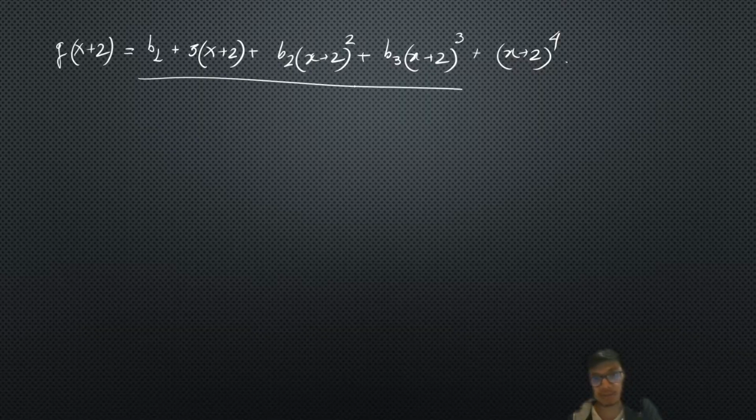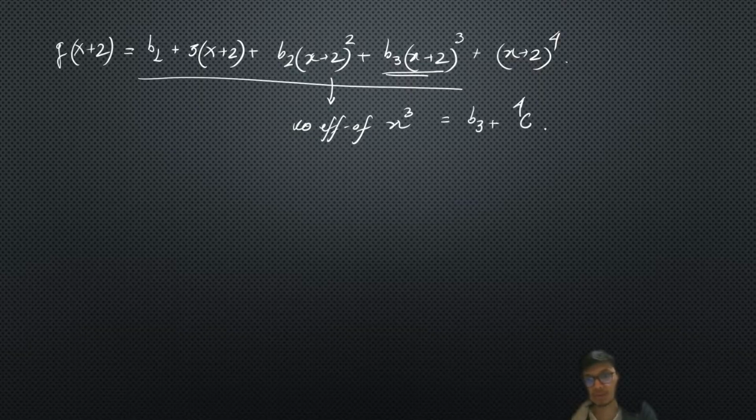Now from this part I have to figure out the coefficient of x cube in it. So the coefficient of x cube from this part is going to come out as b3, and from this part is going to come out as 4c3, and then we will have 2. Okay, 4c3 into 2, and that is going to be equal to b3 plus 8.